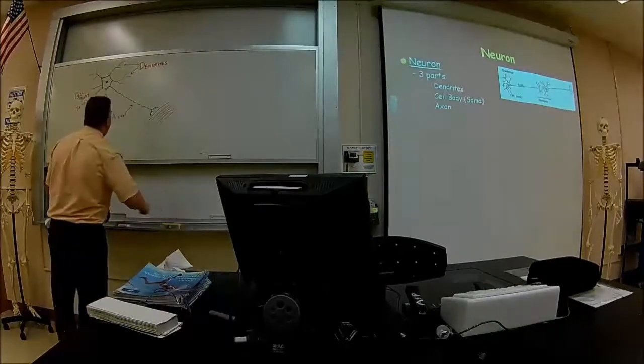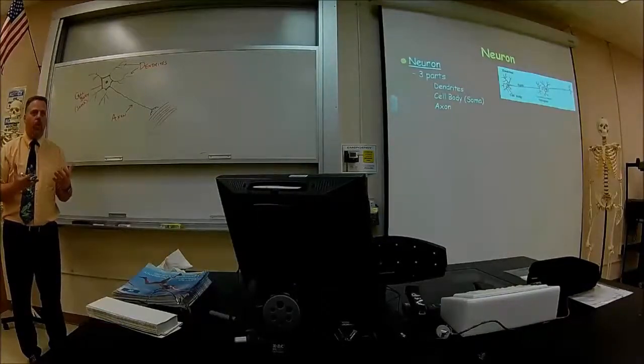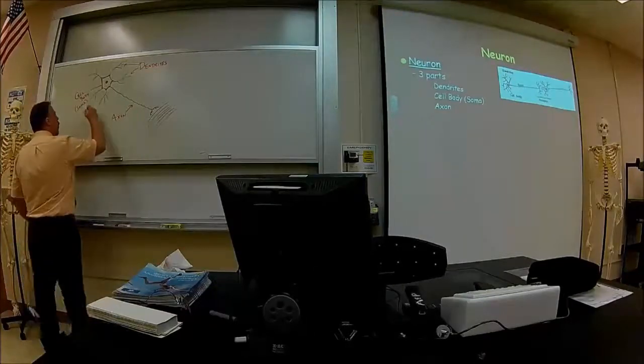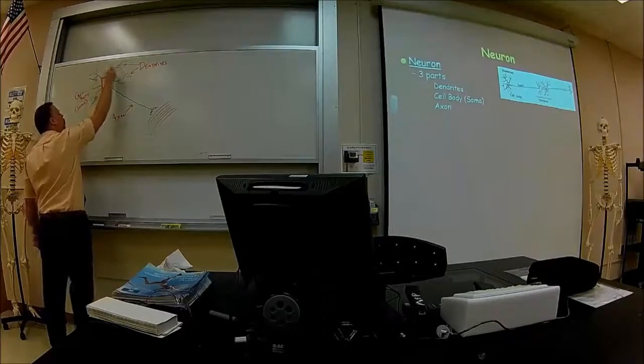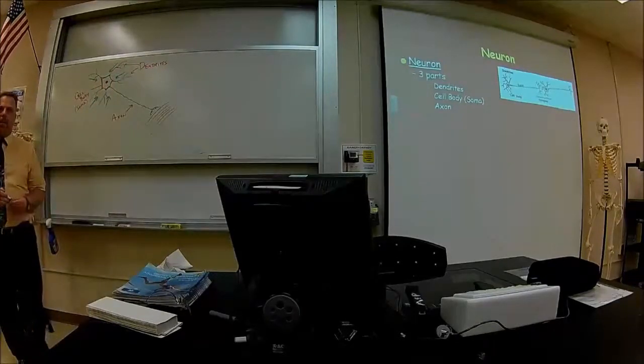What happens here is the electrical impulse from somewhere, the action potential, is going to go into the dendrites towards the cell body.